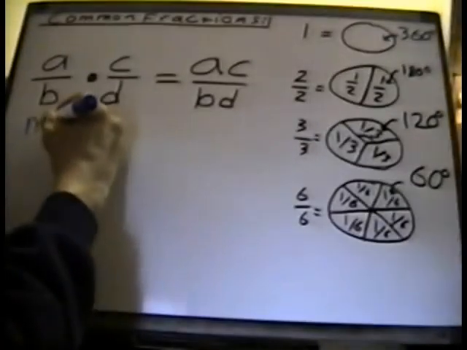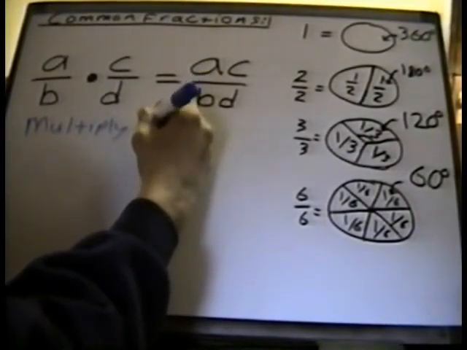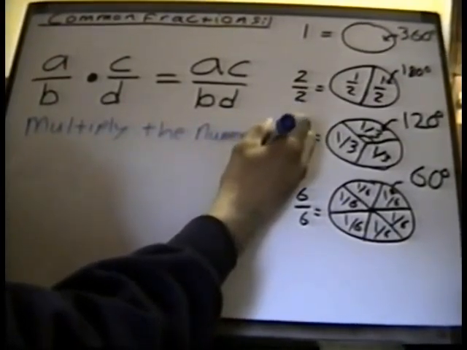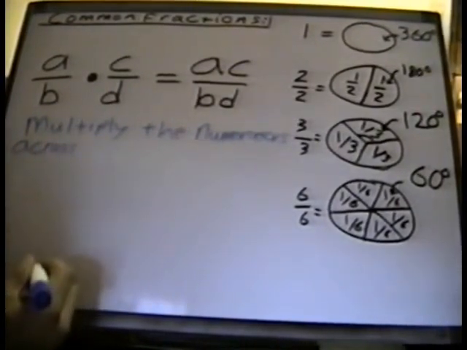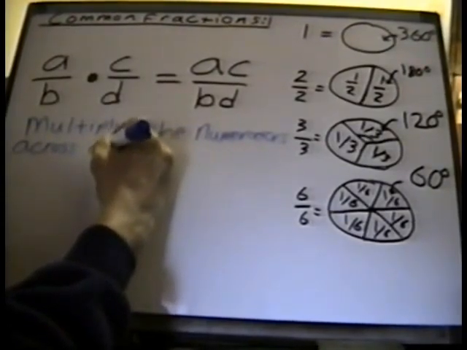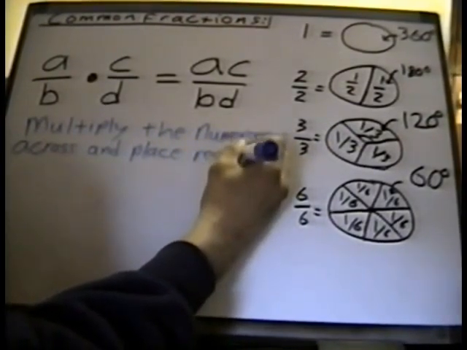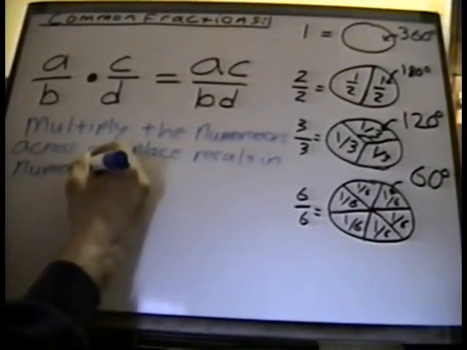Meaning to multiply the numerators, so we multiply the numerators across the top and place the result in the numerator's position.